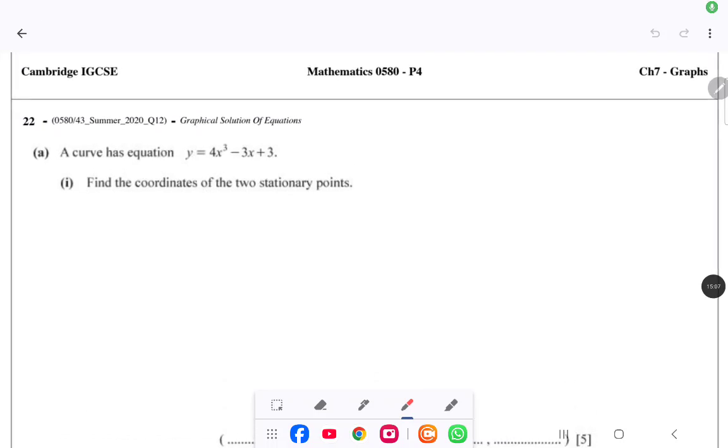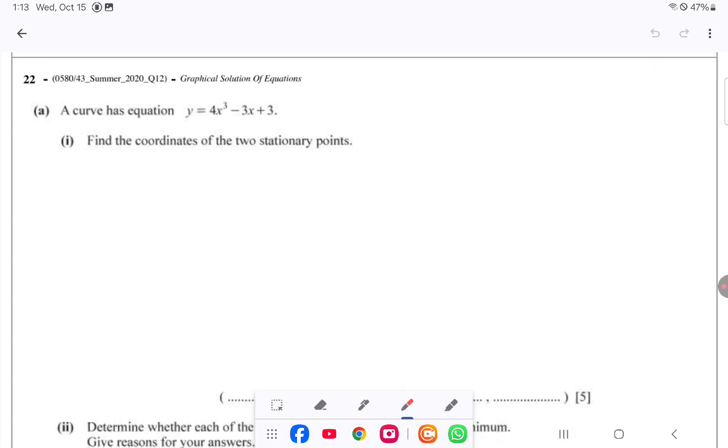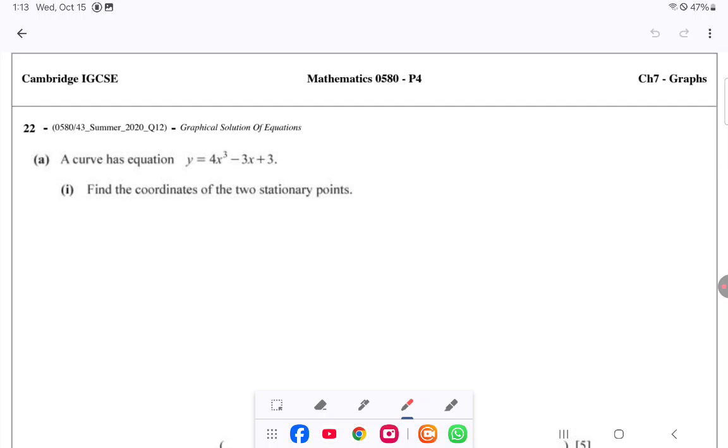Now in question 22, part A says a curve has equation y equals 4x cubed minus 3x plus 3. Find the coordinates of the two stationary points. In order to calculate the stationary points, we have to take the derivative of the given equation: power times x to the power minus 1.